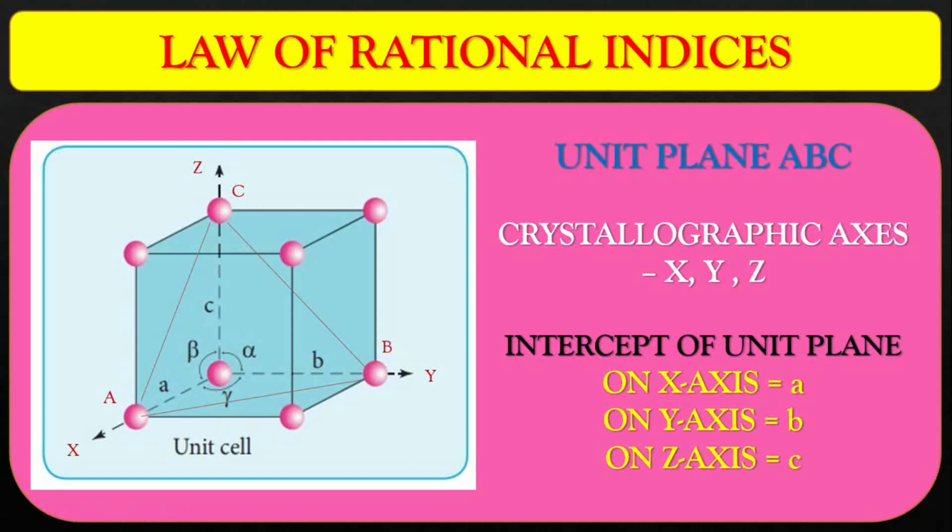Similarly, this face is also making an intercept on the y-axis, and this is equal to small b. Also, it is making an intercept on the z-axis, and this intercept is small c. These are the unit plane intercepts, while the axes x, y, and z are the crystallographic axes.